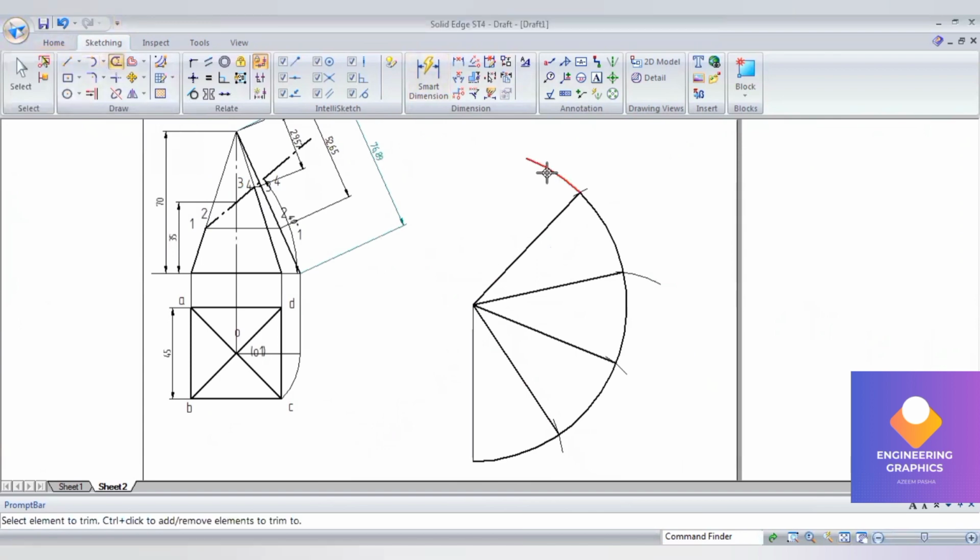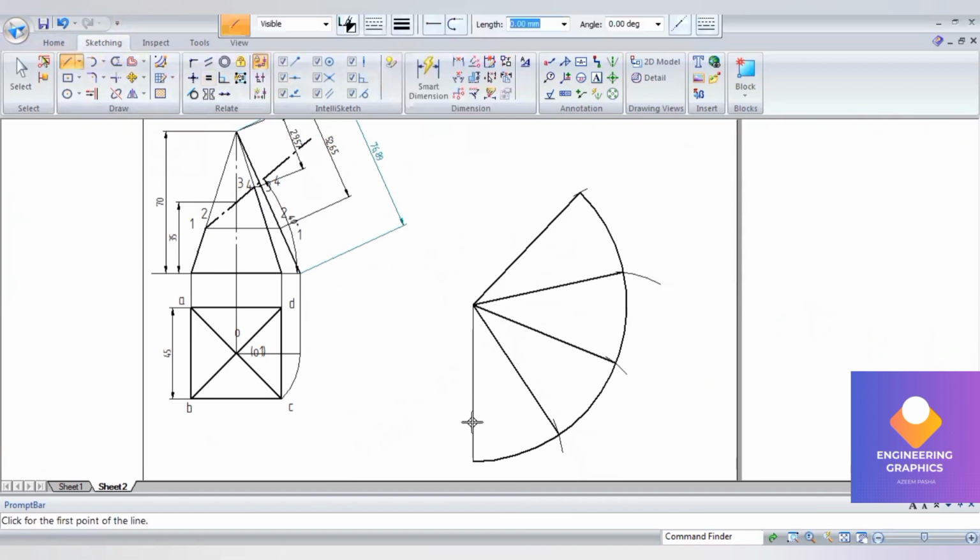So the 4 arc points were cut. Now we have to draw the base edge length here. You can see that because this is a pyramid, we have to join it like this only.